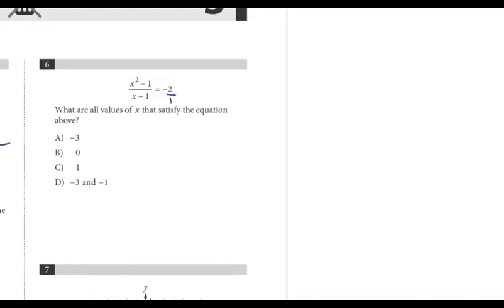We can cross multiply, so let's do that. So if we cross multiply here, it's this times 1, so it's just x squared minus 1. And when we cross multiply here, we have negative 2 times x minus 1. So we'll do that here, and we'll distribute afterwards.